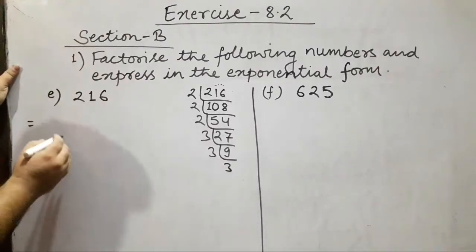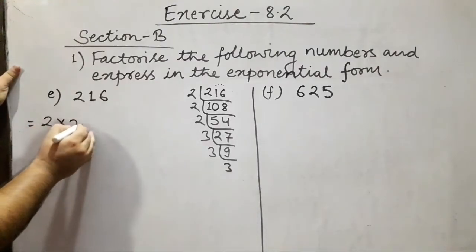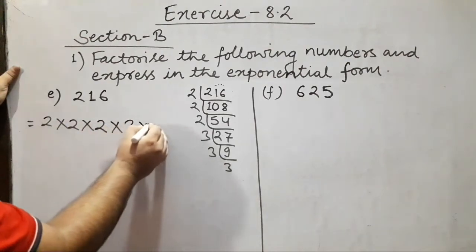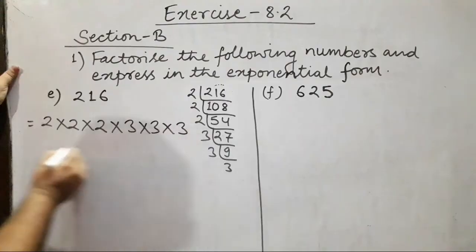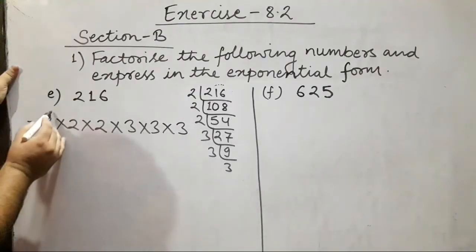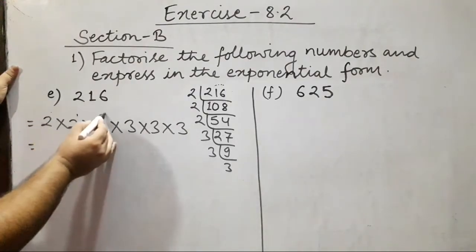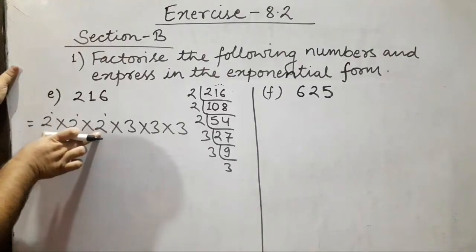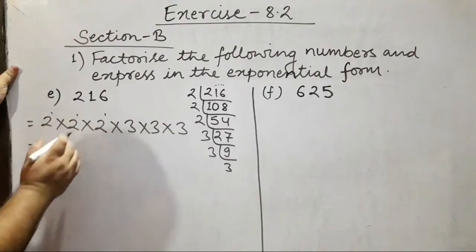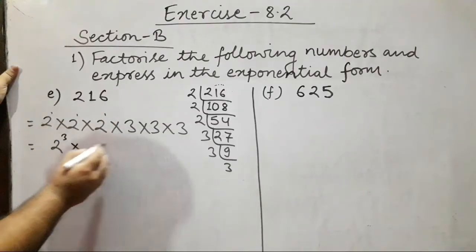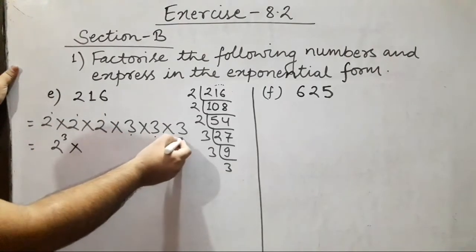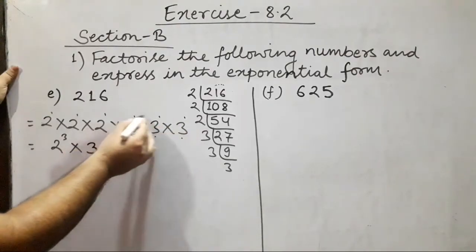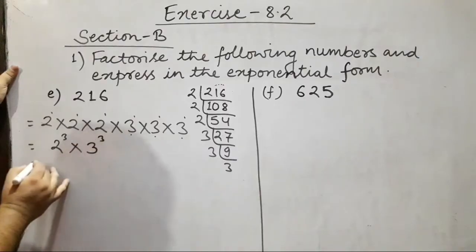Let's factorize it: 2 into 2 into 2 into 3 into 3 into 3. So 2 power 1, 2 power 1, 2 power 1. The same bases are multiplied, so their powers are added. 2 power 3, into, here also the bases are the same, so their powers are added. 3 power 1 plus 1 plus 1, 3 power 3.